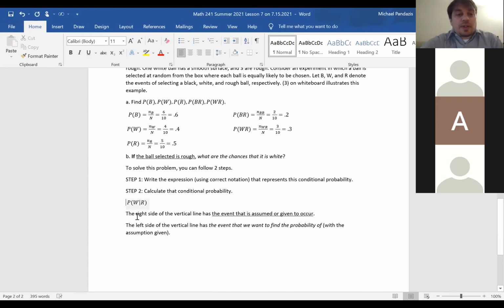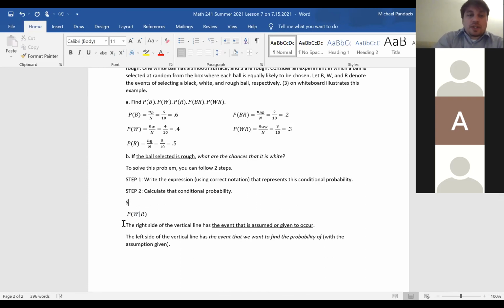So this is step 1. What I just did here was step 1, and I just elaborated on it by writing all this other stuff. Step 1 was just write the notation for the correct conditional probability, right?